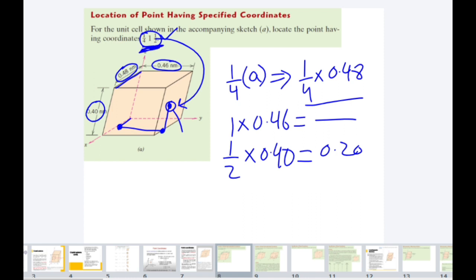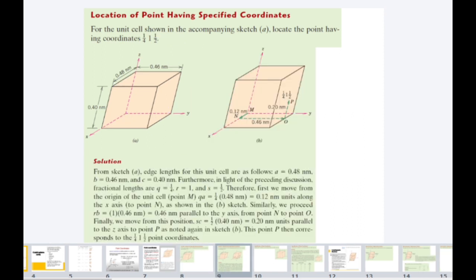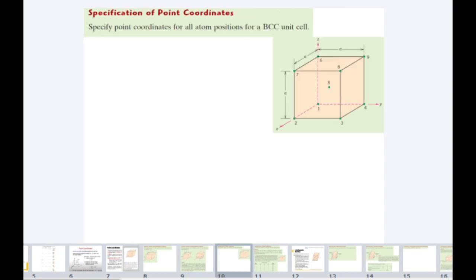Is it clear? It is easy, right? Just to point or show a point in the coordinate system. Here is the answer, you see, here is the point P for the question, right? So 0.12, then 0.46 and 0.2. This is the answer. Any confusion to anyone?